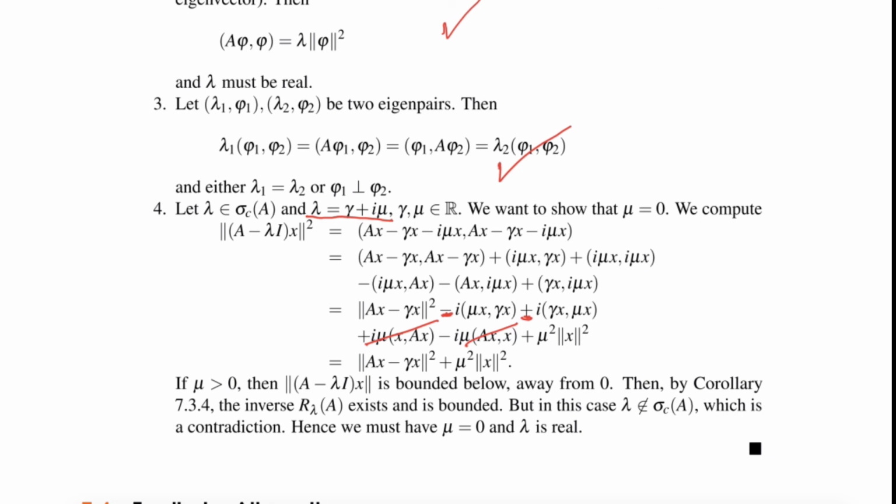But this means that lambda is not in the continuous spectrum, because these were points where the resolvent is unbounded. So we got a contradiction, so mu cannot be positive, and we must have mu equal to 0. So then we are done with this bit as well. Perfect.